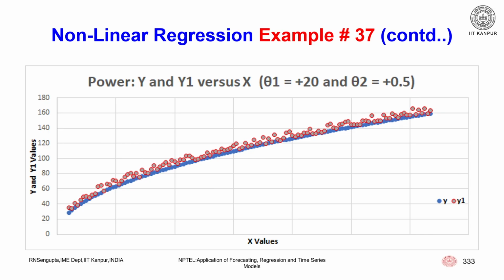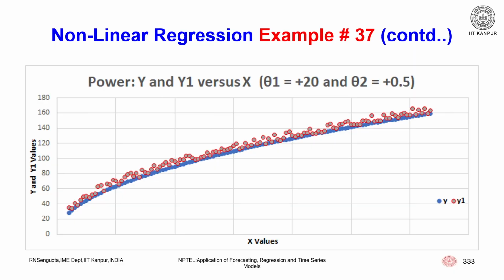So, this is the first plot. We are plotting for different combinations of theta 1 and theta 2 and discussing in detail using different types of simulation, which you can see as I simulate. All the data has been input in the Excel sheet, and you just need to change the theta 1 value, the theta 2 value, the seed value which is the starting value of x, or the delta x which is the increment of x for plotting.